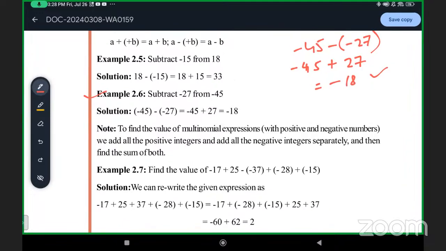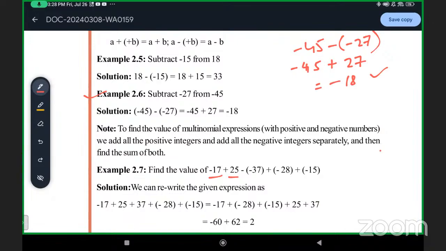To find the value of multinomial expressions with positive and negative numbers, we add all the positive integers and all the negative integers separately, then find the sum of both. Multinomial means we are having positive integers also, positive ones, and negative integers also.